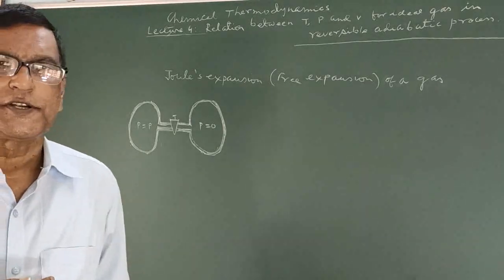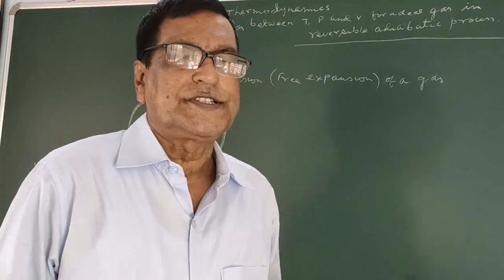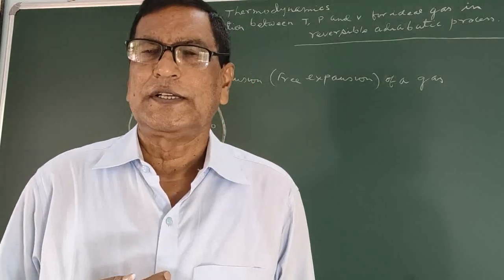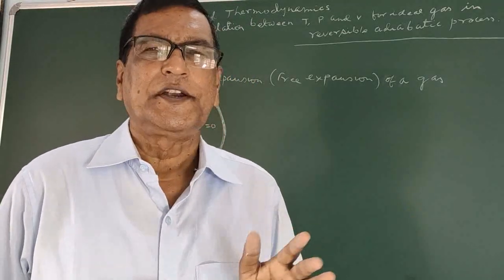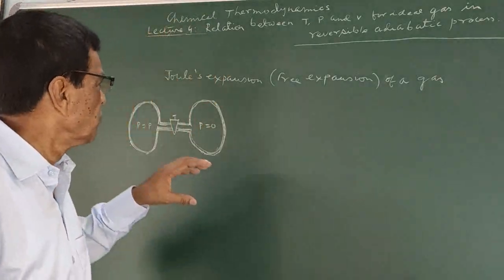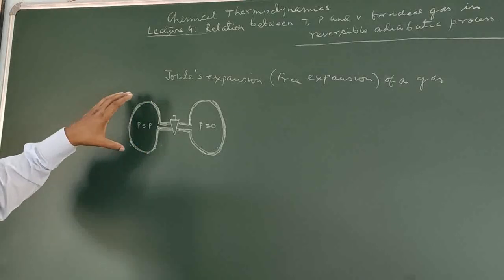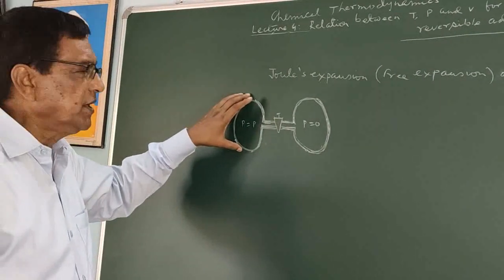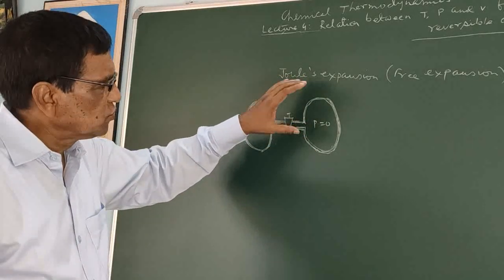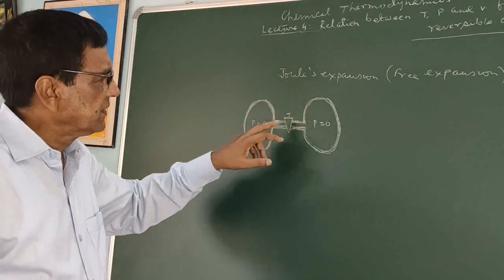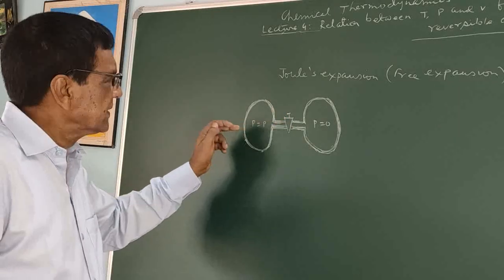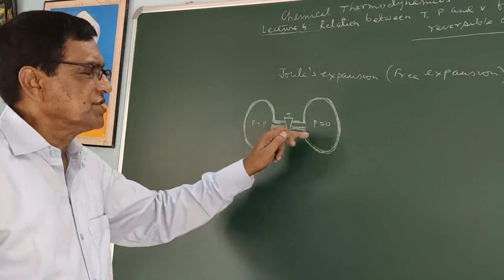Now let me describe Joule's expansion. It is also called the free expansion. The gas is expanded against a vacuum, meaning zero pressure. Here is one bulb which contains the gas at pressure P, and here the vacuum. There is no pressure in this bulb, and here is the stopcock, and whenever the stopcock is opened, the gas will move from this side to this side.